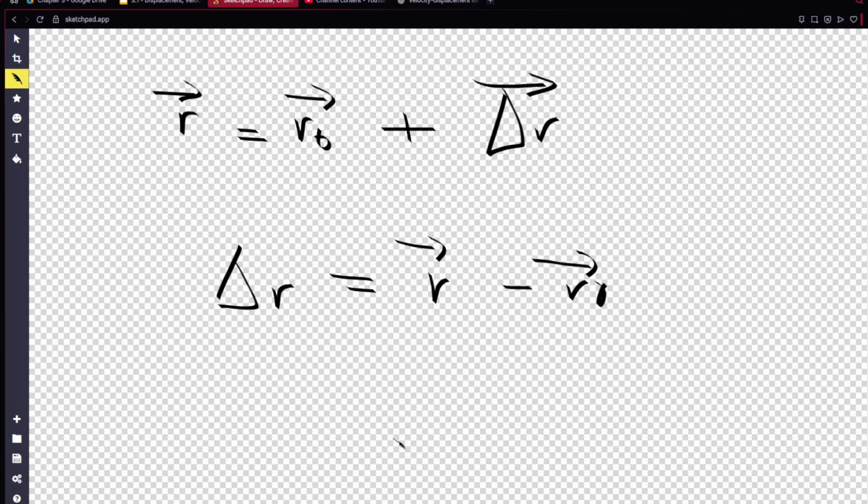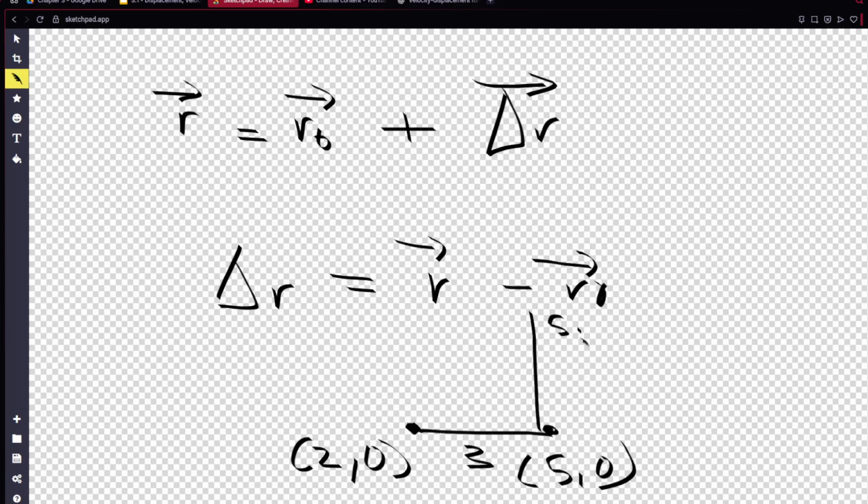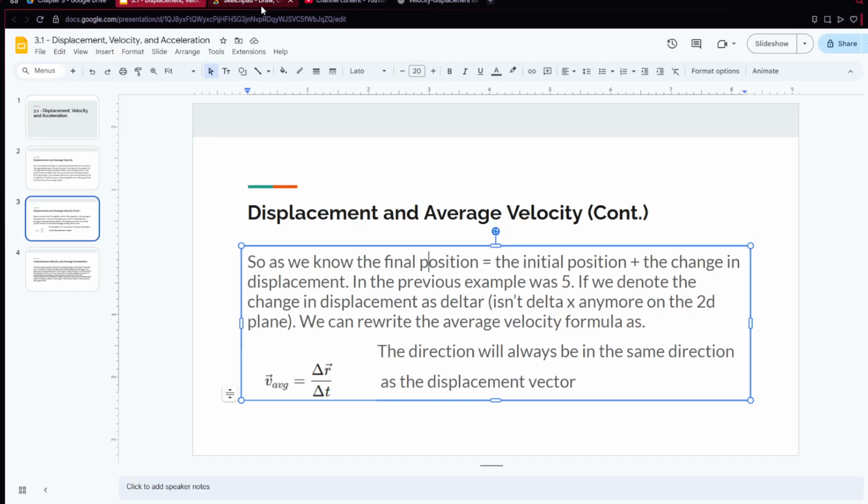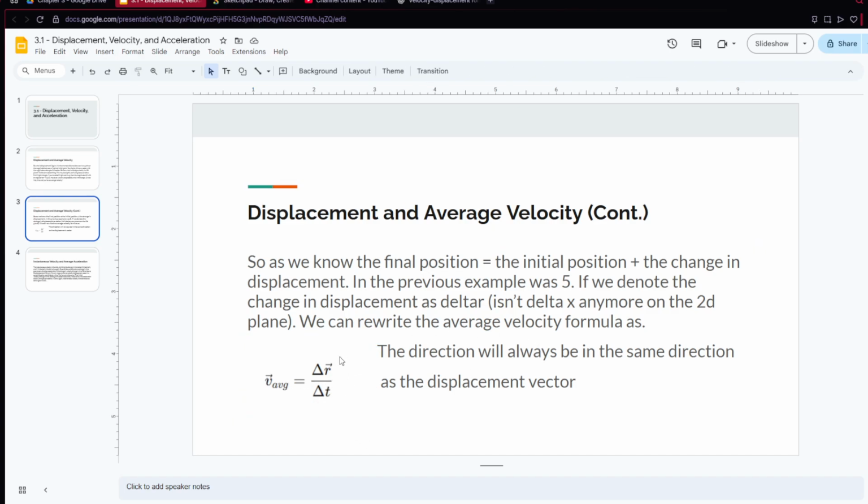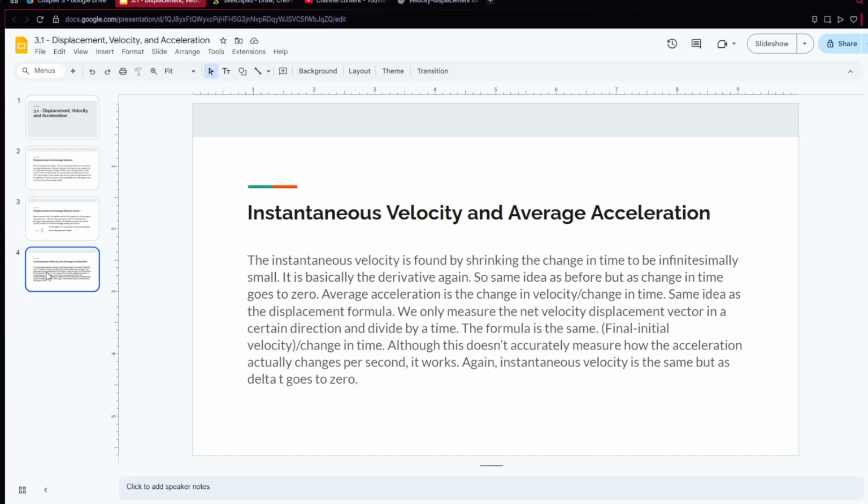So if we started here at 2, 0, and we have another coordinate that is 5, 0, that's 3 here, and then 5, 4, so 4 here, and then 5 straight down the middle. So then we only calculate the magnitude, which is the displacement vector component. It's the same thing as the change in r divided by change in t. Here we just rewrite this average velocity formula in its variable construct, instead of saying it in words.